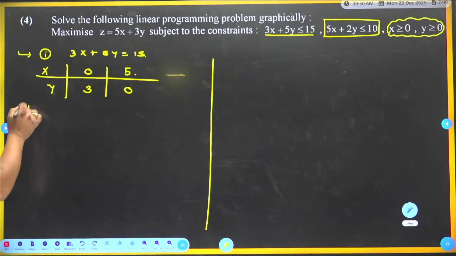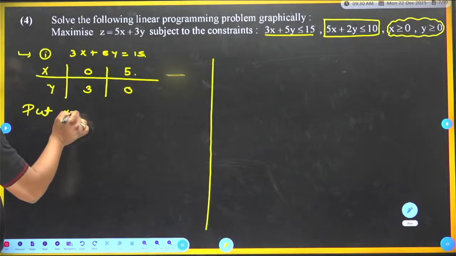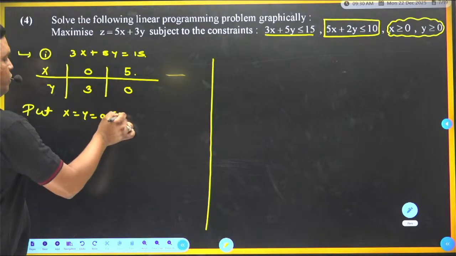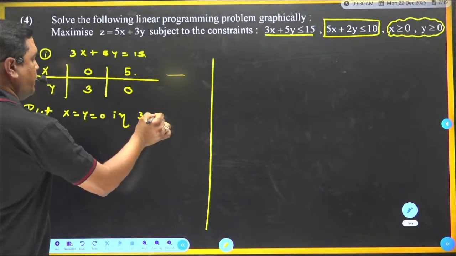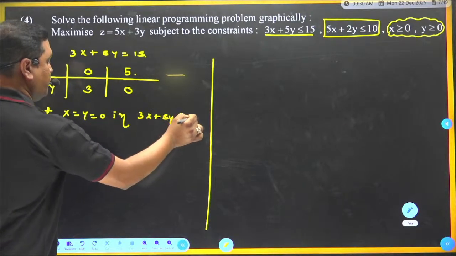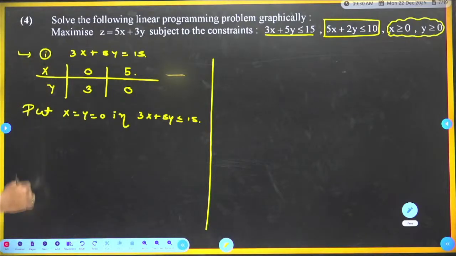Now put x equal to 0, y equal to 0 in 3x plus 5y less than or equal to 15.